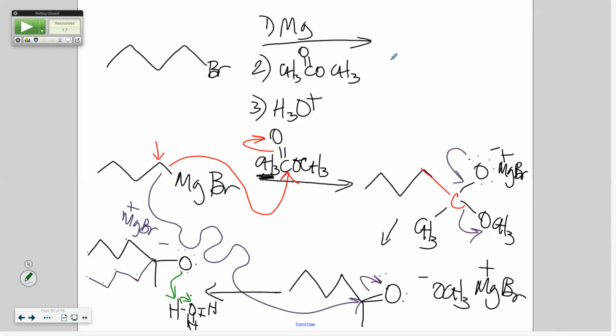What carbon gets the OH and the methyl? 1, 2, 3, 4, 5. Carbon 5 in the middle. So here's the methyl and the OH. Look at that. It's kind of complicated looking. And we started with 2 very simple compounds.